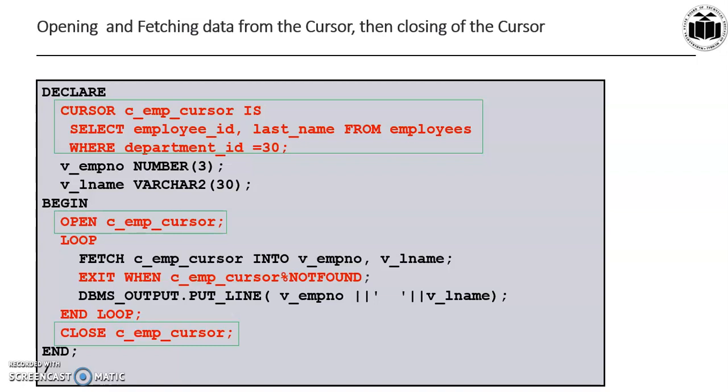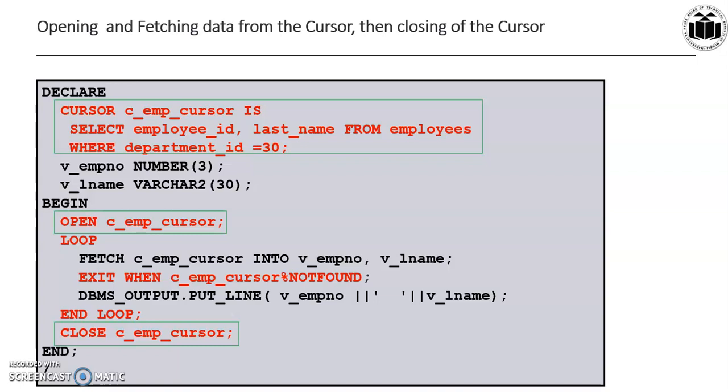One is to store employee ID, that is V_EMPNO, and the second variable is to store last name, that is V_LName, having data type varchar2 of 30. And then in the begin section, you can see the first statement, open cursor name. That means here we are making that active set available to use. That's why this open statement is required.